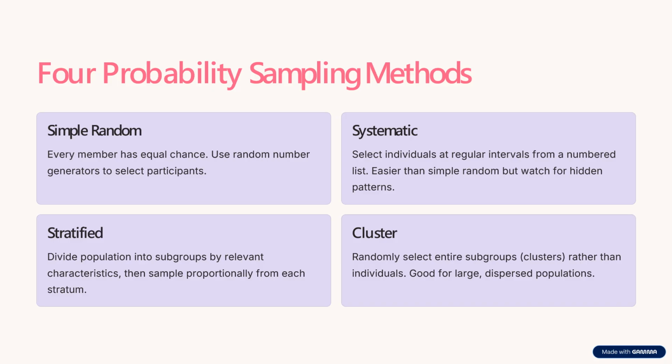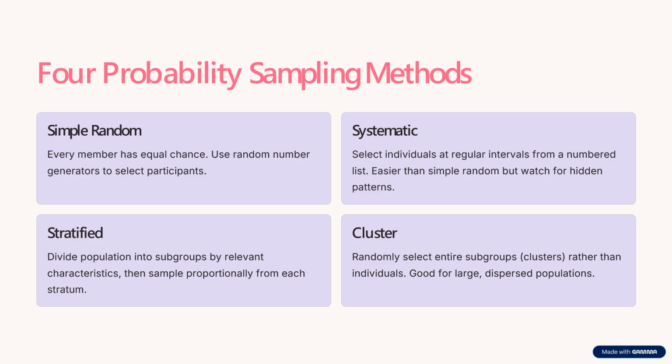Cluster sampling also involves dividing the population into subgroups, but each subgroup should have similar characteristics to the whole sample. Instead of sampling individuals from each subgroup, you randomly select entire subgroups. If it is practically possible, you might include every individual from each sampled cluster.